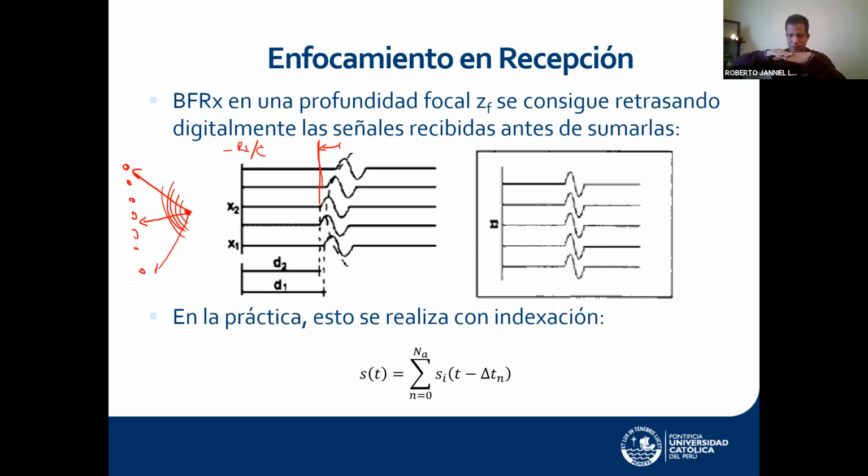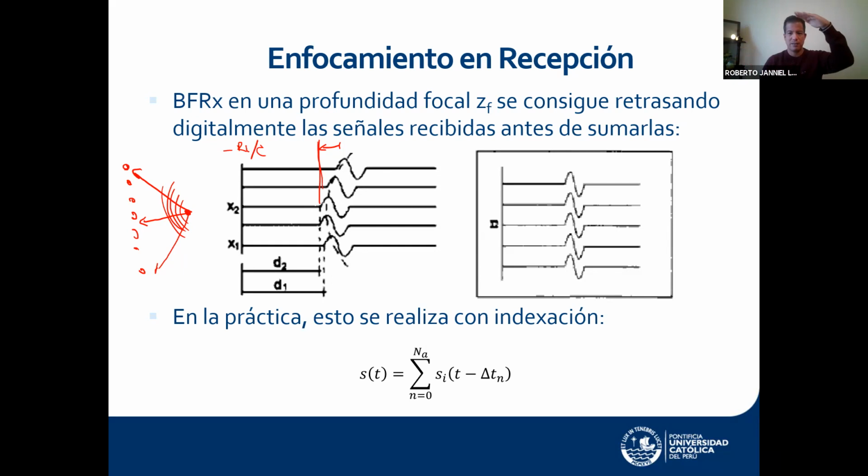If I sum them, I will get a very large oscillation. But if the reflector was not at the depth that I thought it was, and I apply delays, they would be the wrong delays. So my signals are not landing on top of each other, and when I combine them, I get a weaker signal. So that's how beamforming on reception works.